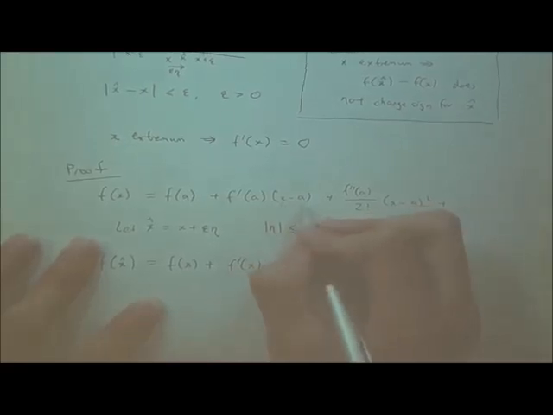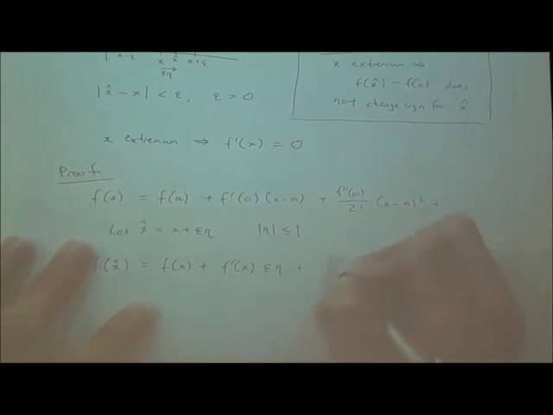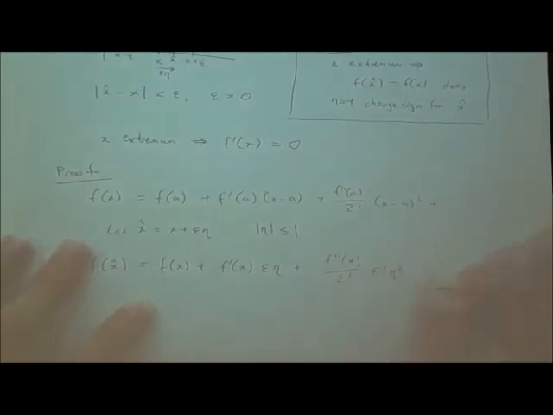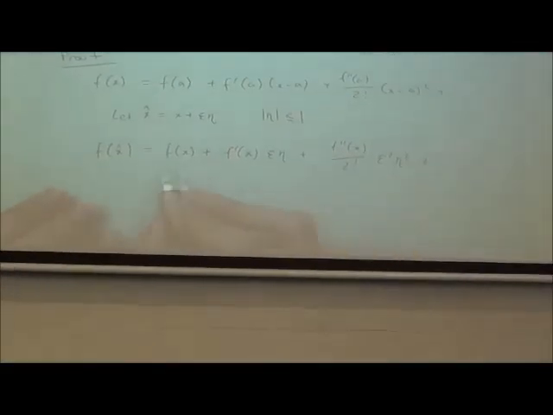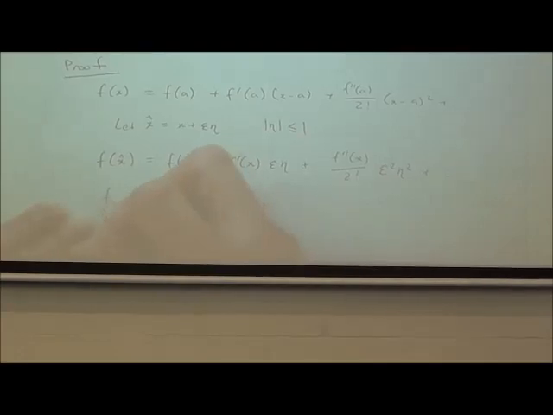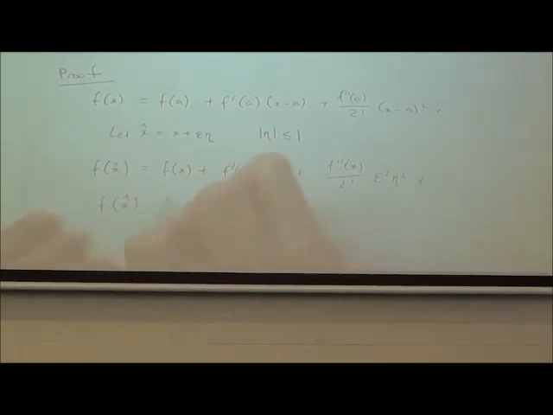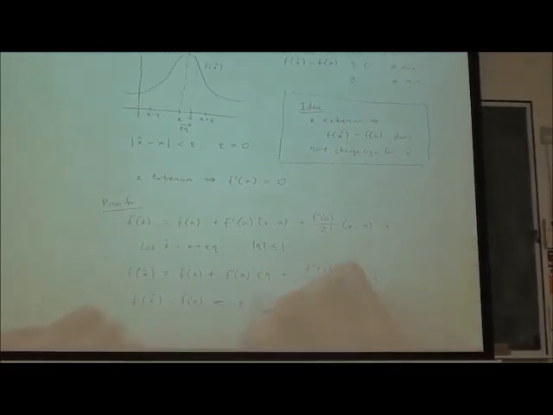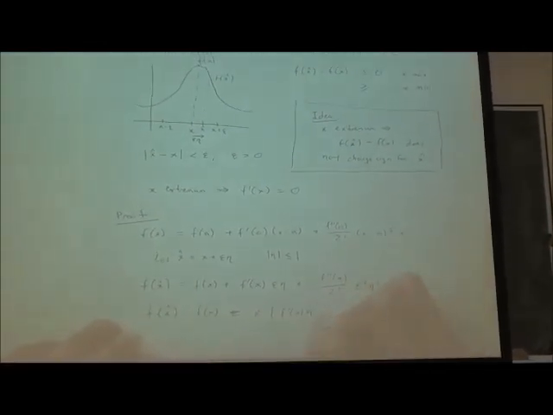F dash x times x hat minus x, which will be epsilon eta, and epsilon squared, eta squared, and so on. And now if we bring the f of x to the other side, and factorize out epsilon, then we get this expression here.